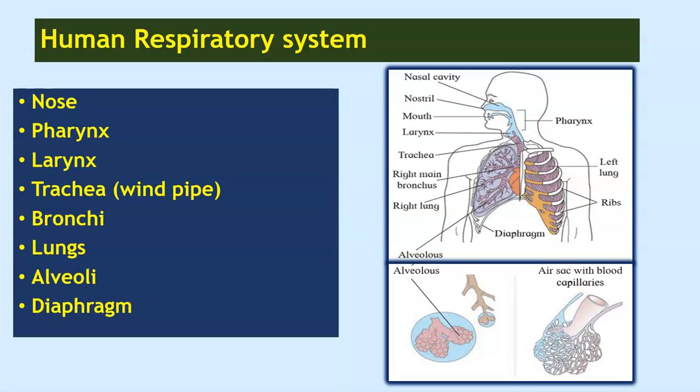Now, the nasal chamber is further divided into three regions. That is the vestibule. It is the proximal part above the nostril. So, just above your nostrils here, you have the vestibule. Its skin has hair for filtering the air and trapping the dust and suspended particles in the inhaled air.